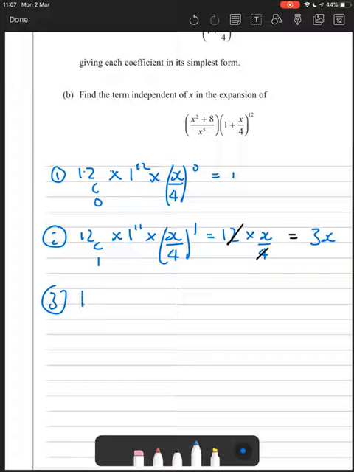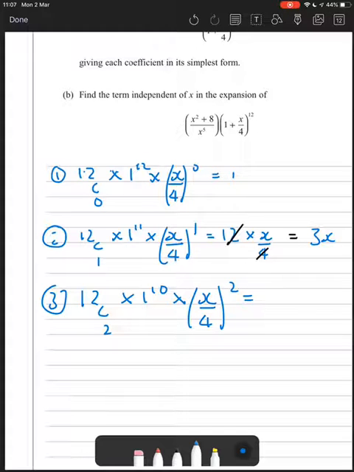So now we're up to 12 choose 2 multiplied by 1 to the 10. Now these have to add up to 12, so what I know is that on this part here, to add up to 12, this must be 2, so we've got a squared going on. Now, using your calculator to find out what 12 choose 2 is, we get 66. I'm not going to bother writing out the 1s to the power 10, because we know that's just going to give us 1.